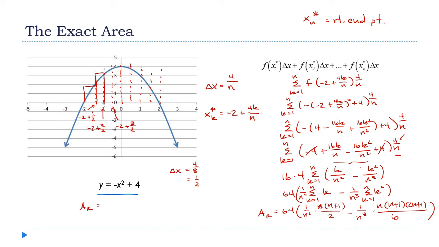Right, this is 64 times n plus 1 over 2n minus, look, I can simplify a little here too. Cancel this one, right? And that's going to leave a 2. So this is n plus 1 times 2n plus 1 over 6n squared.